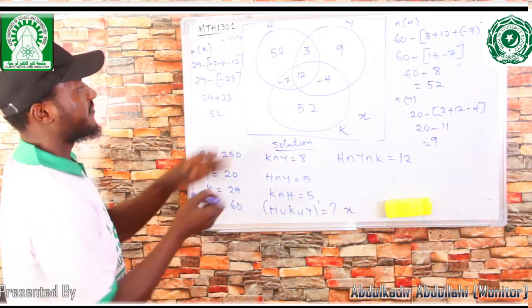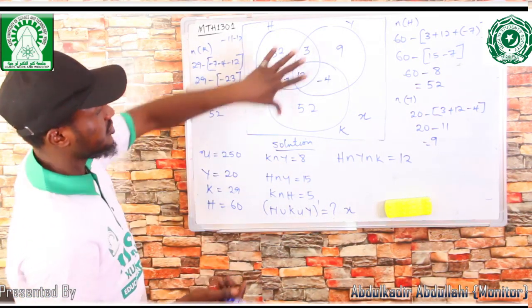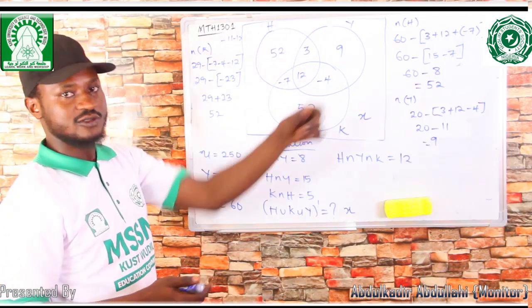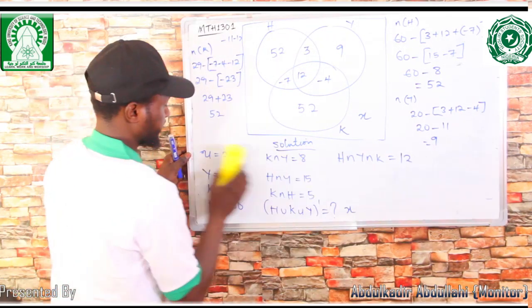So having our values here, the next thing is just to sum everything here and equate it to the universal set.